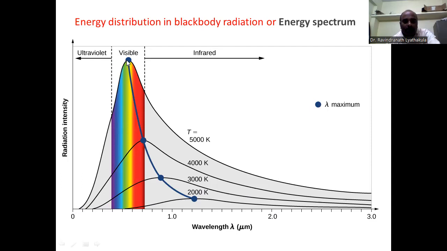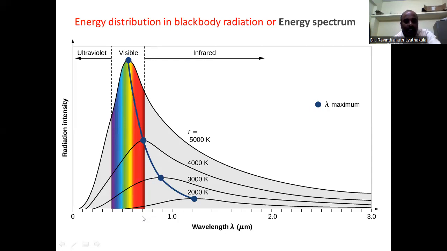At a particular value of lambda, the energy is maximum. That value of lambda is called lambda m. Here we observe that lambda m multiplied by the respective temperature gives Wien's displacement law, which is lambda m into T equals a constant.